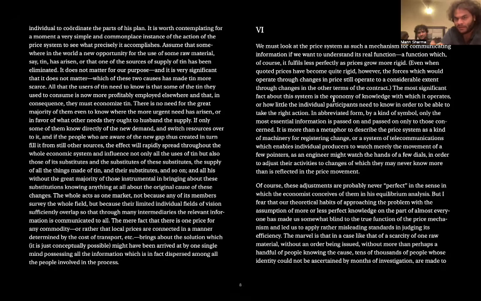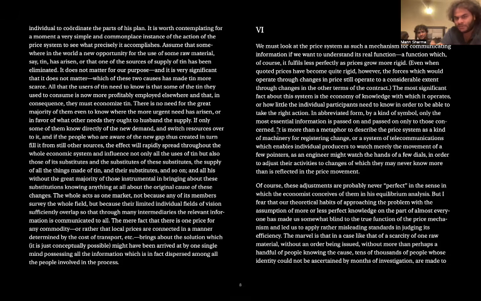The most significant fact about this system is the economy of knowledge with which it operates, or how little the individual participants need to know in order to be able to take the right action.